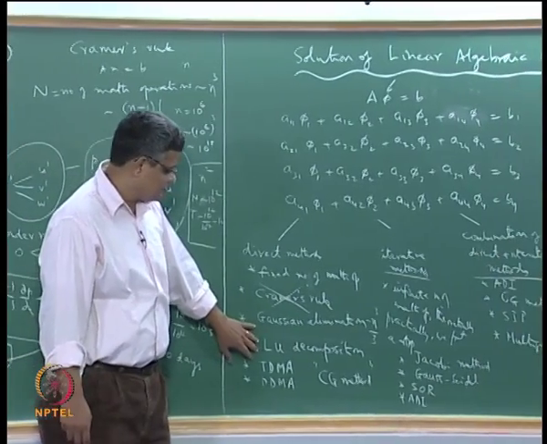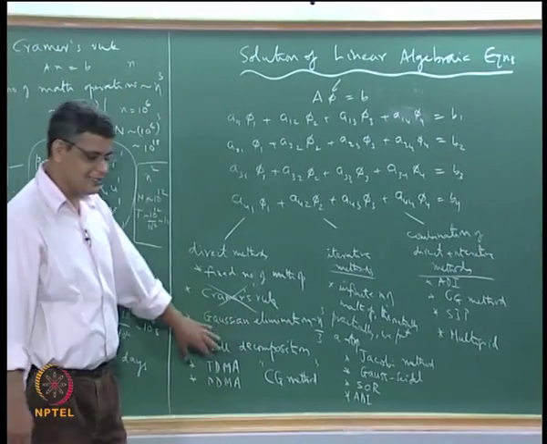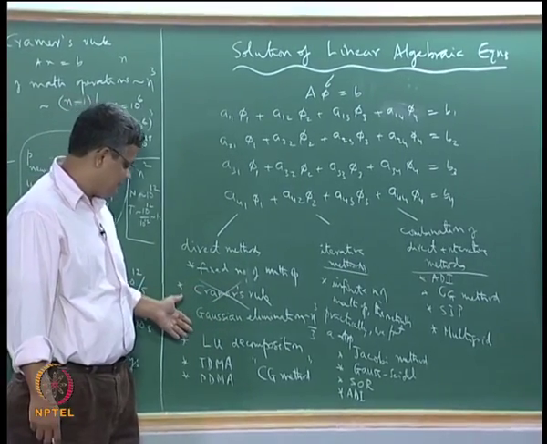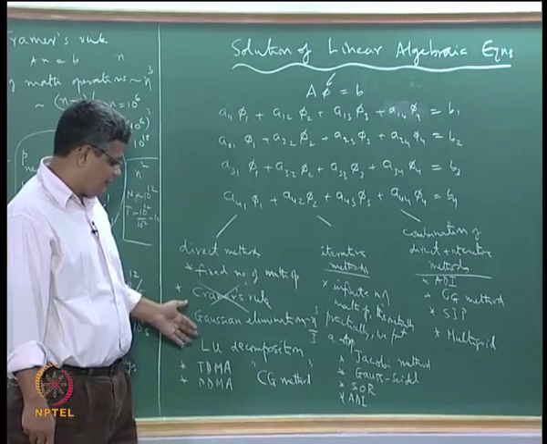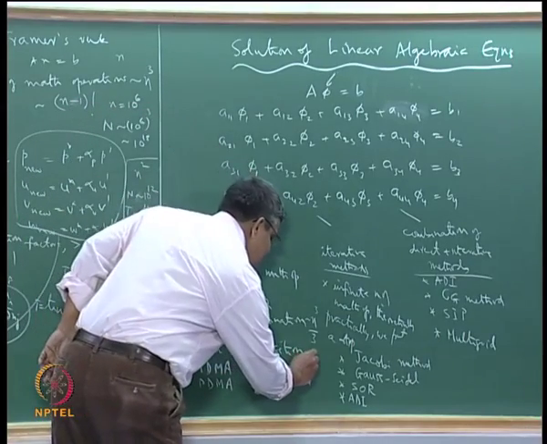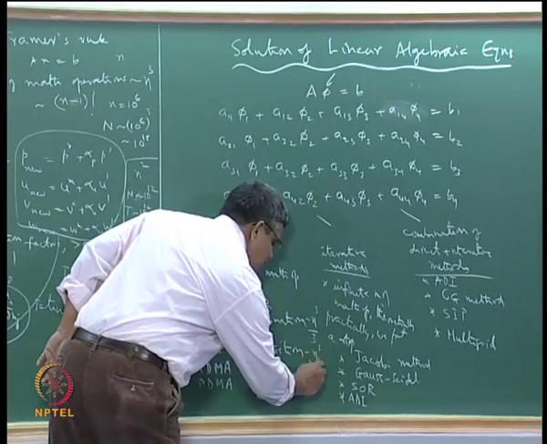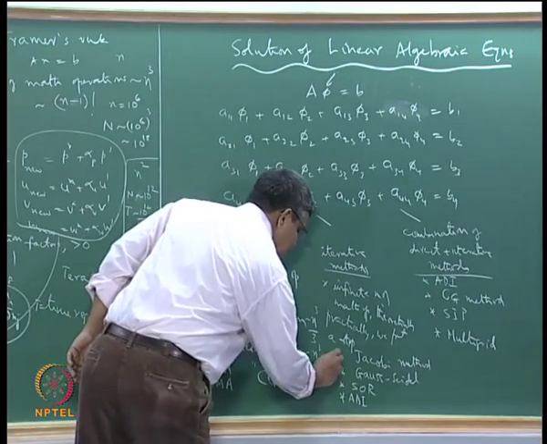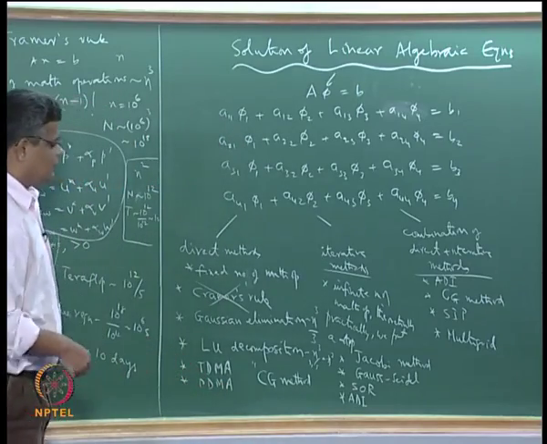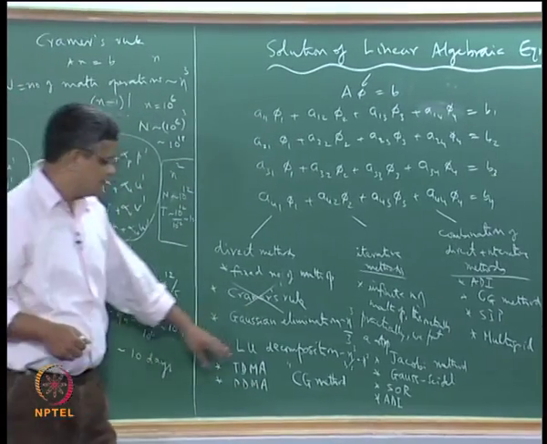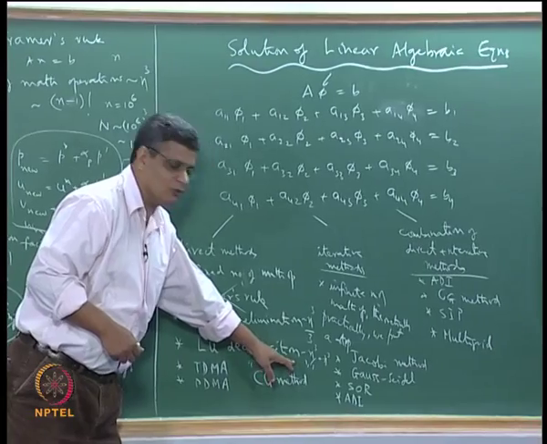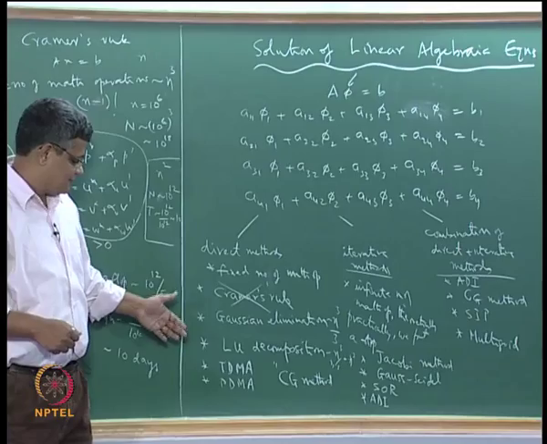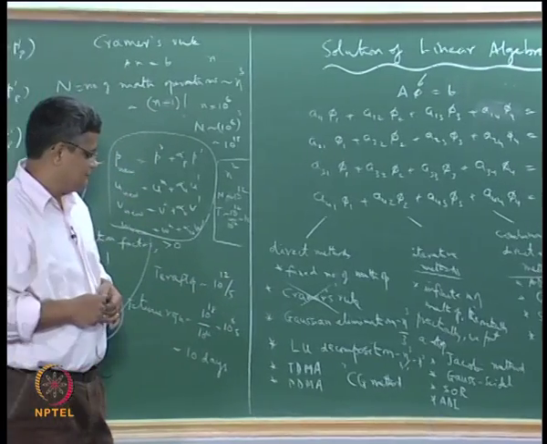LU decomposition is in a way very similar to the Gaussian elimination method, and it also takes n cubed by 3 plus a small bit plus some n square number of terms. Okay, so for large values of n, this requires slightly more mathematical operations than this, and the two are very closely related.